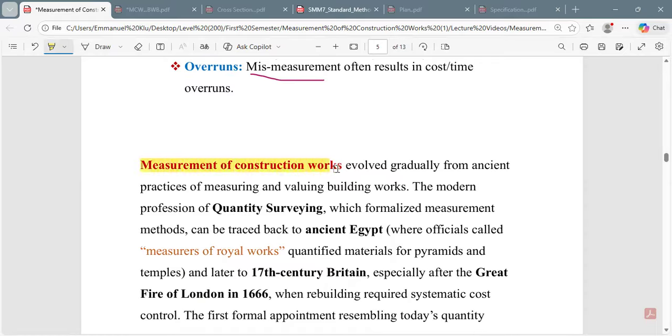Good. Measurement of construction work evolved gradually from ancient practice of measurement and valuing project works.